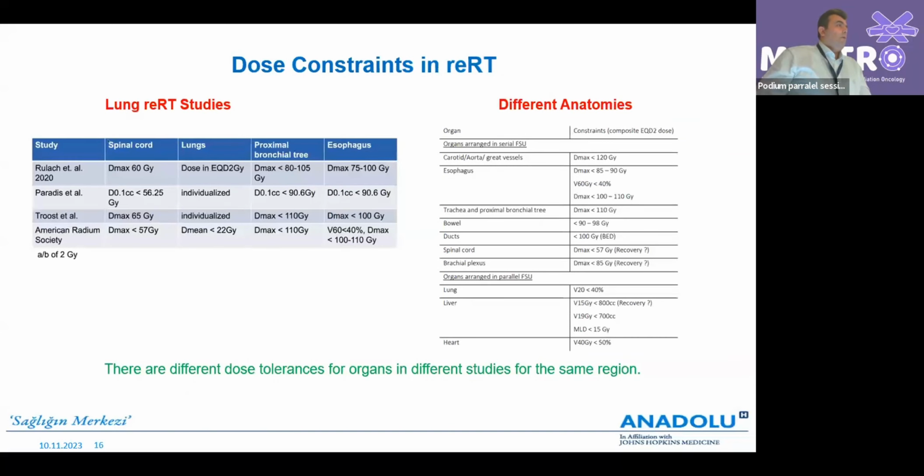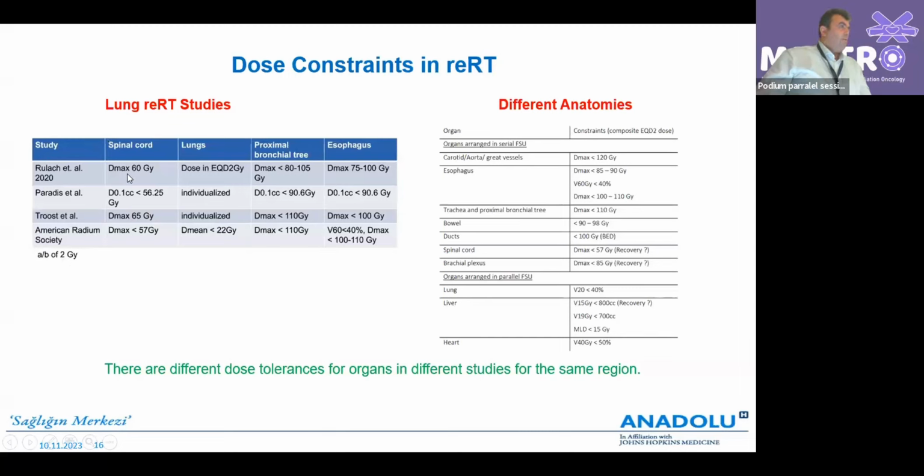So we know the problems about re-irradiation. What about the dose constraint? What will we use in our departments? There are different studies, but the problem with dose constraints is that in these 4 studies, they put the alpha beta value at 2 Gy. But if you look at the spinal cord, there are different data.